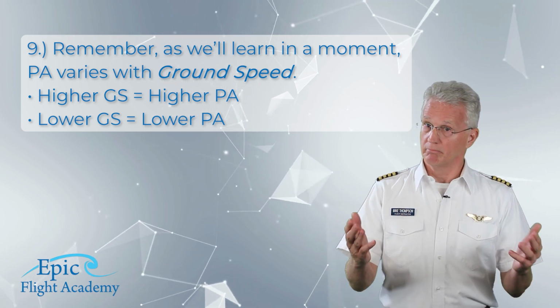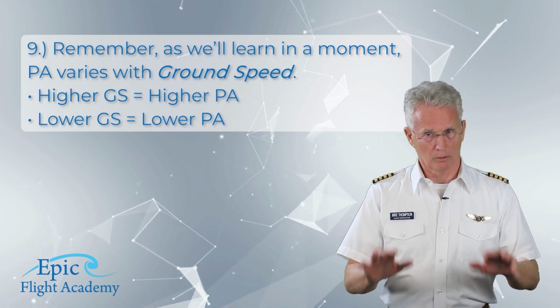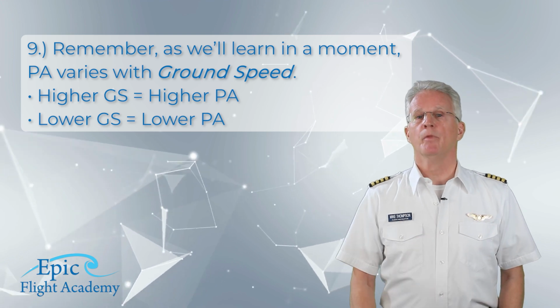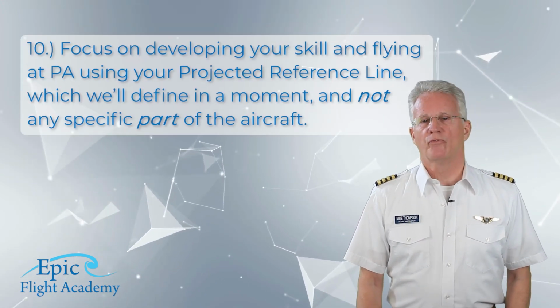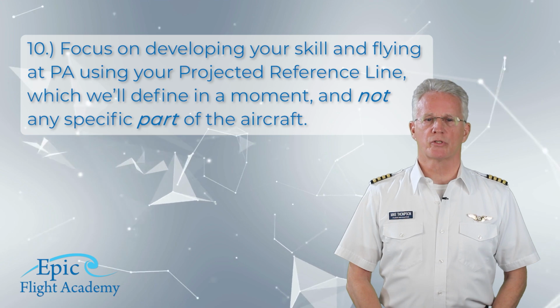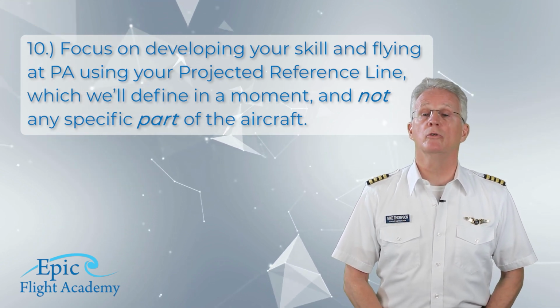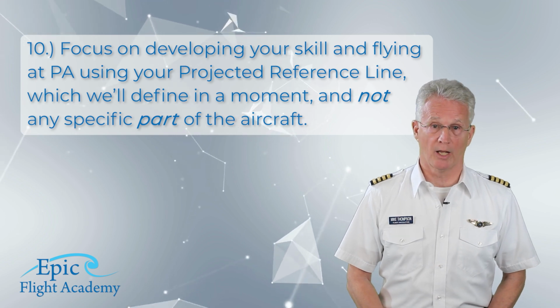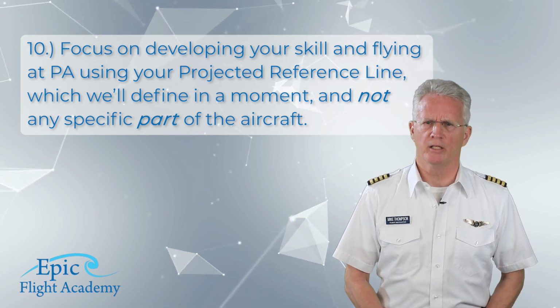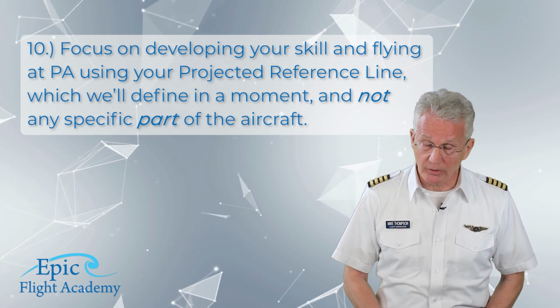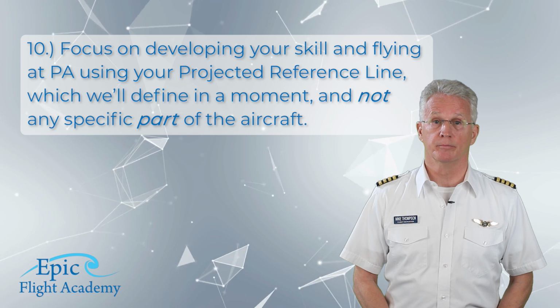Higher ground speed, higher pivotal altitude. Lower ground speed, lower pivotal altitude. And finally, number 10, focus on developing your skill and flying at pivotal altitude using your projected reference line, which we'll define in a moment, and not any specific part of the aircraft.